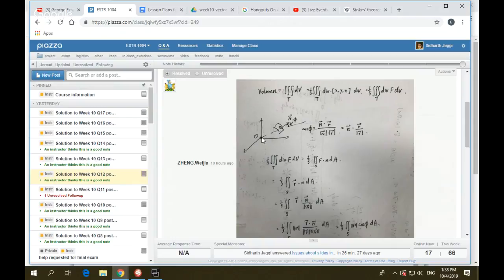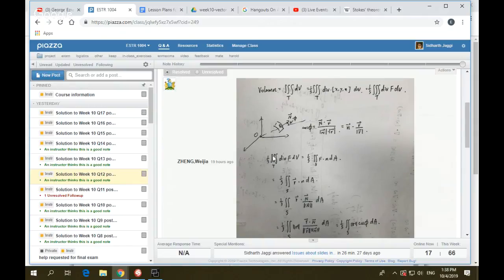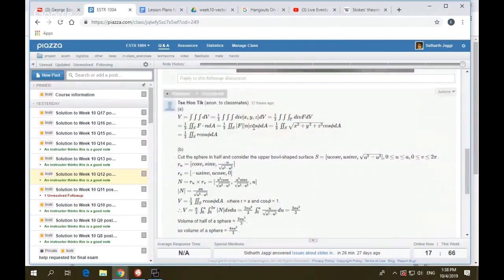So xi plus yj plus zk is given by the line segment, the vector joining the origin to this point over here, right? Times the normal vector, which is always pointing perpendicular to that.